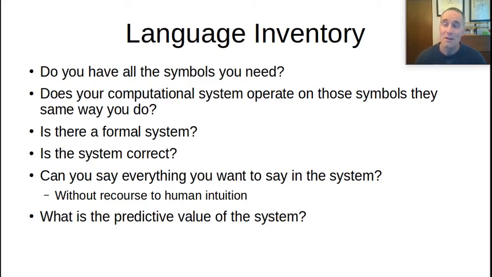You want each of the operations that you perform on those symbols within the computational system to yield a correct answer, not to yield something that's inconsistent with what humans know to be true about the real world. And as your symbol system gets more complicated, like all of mathematics, then that takes a lot more work to make sure that in fact it's correct.